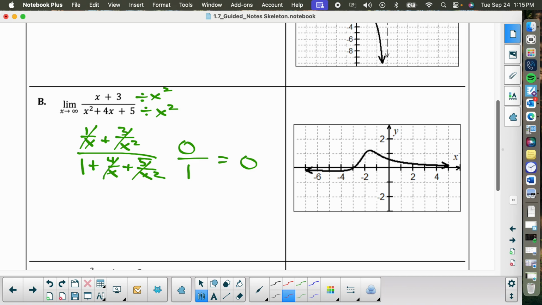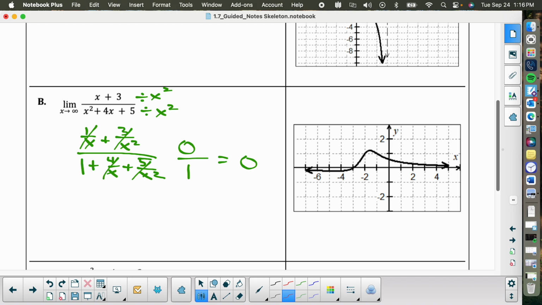Now, the reason I dislike this method is because when you get to the square root of x squared plus 1, you're supposed to divide everything by the square root of 1 over x squared, which is strange.